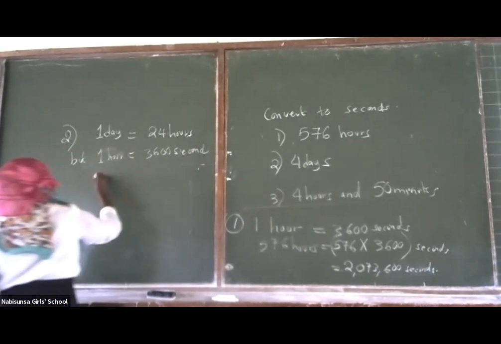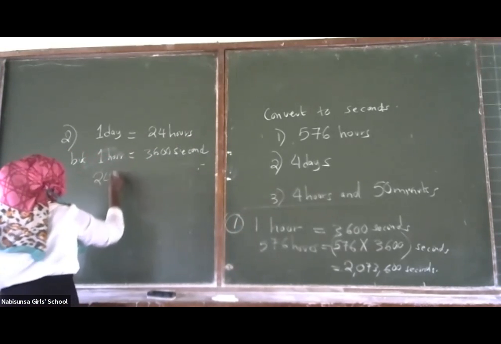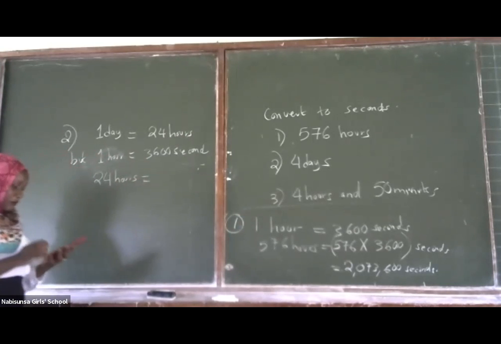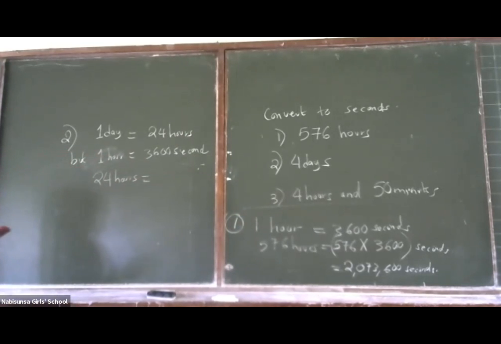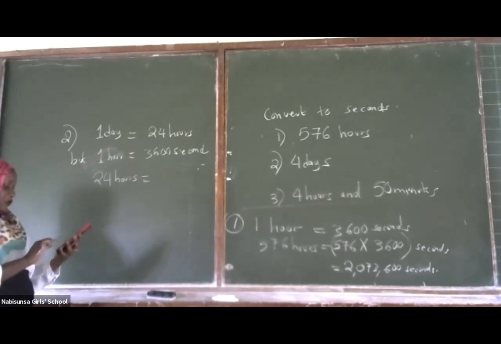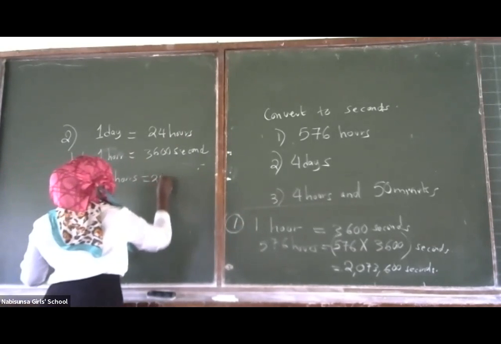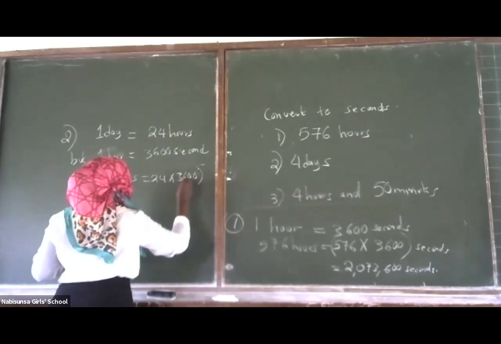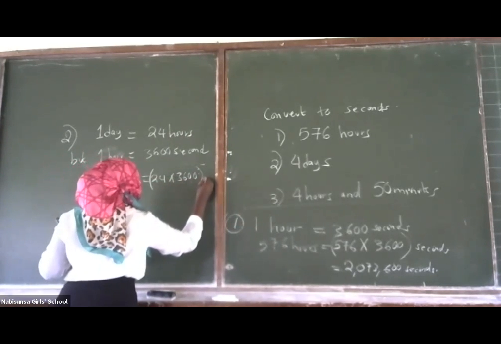So the 24 hours will be 24 times 3,600 seconds.